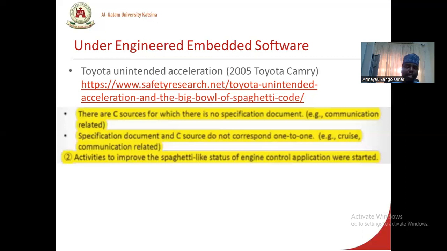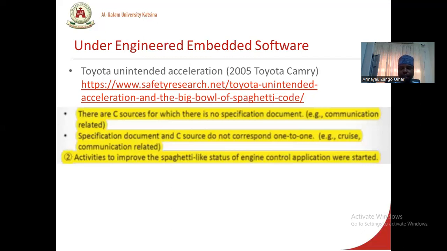It reads that there are C sources for which there are no specification documents. If you remember our last semester course on software architecture, we can see there was an unfaithful implementation of the software, because some code exists but there was no specification in the architecture. They also said the specification documents and the C code do not correspond one-to-one. There is no mapping from the architecture to the implementation.